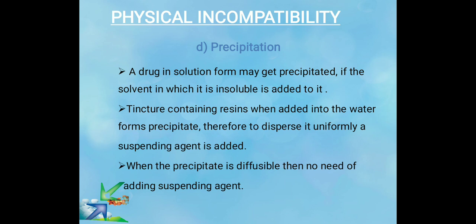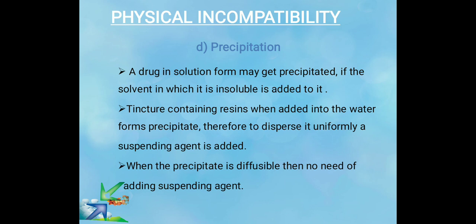So again, as an indiffusible precipitate is there, we have to form a uniform distribution of this precipitate, and so either we will go for slow addition of undiluted tincture with vigorous stirring to the diluted suspension, or we can add some suitable thickening agents.